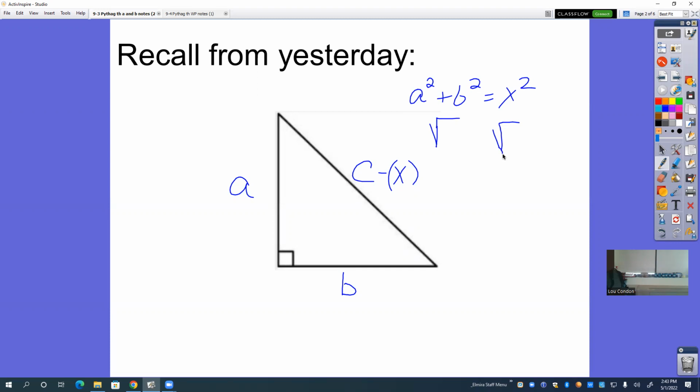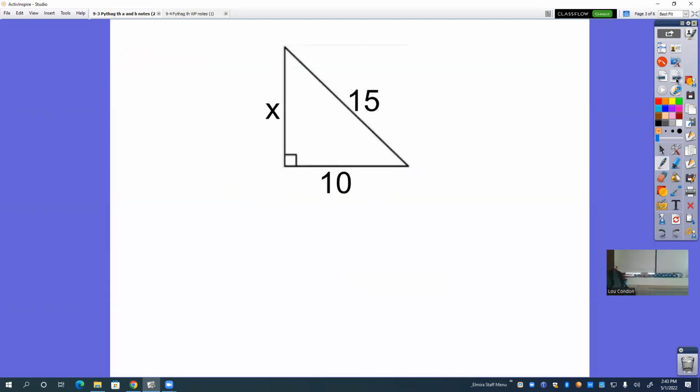Today, we're going to do a little bit of similar work, only today we're going to find A or B instead of the hypotenuse. So A, B, and C. We have A squared plus B squared equals C squared.